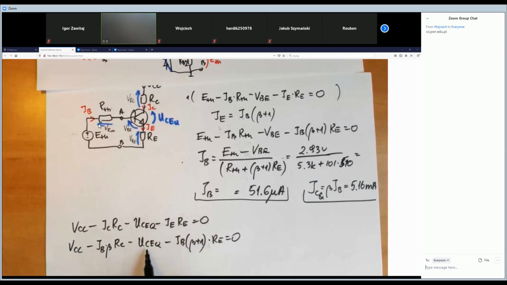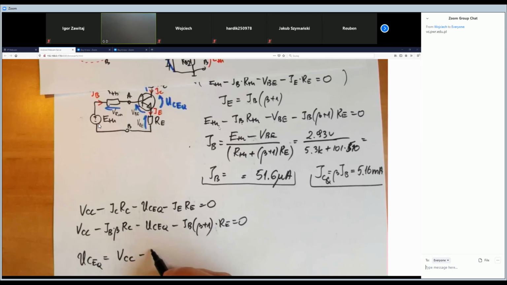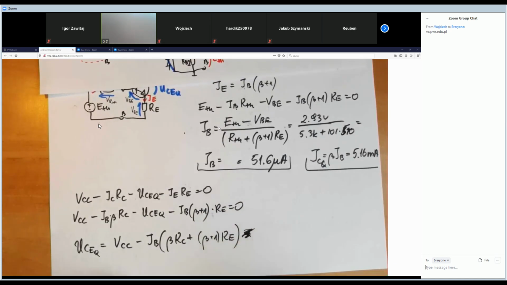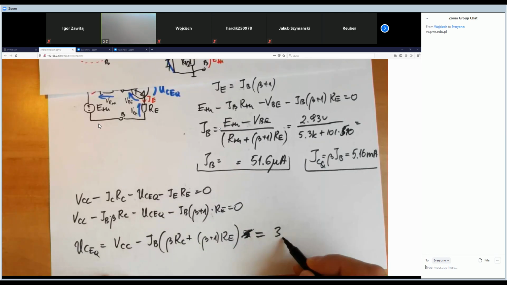Great. So UCQ is equal to, when we move it to the right side of the equation, VCC minus IB times (beta RC plus (beta plus 1) RE). That's enough. All right. And when we substitute the values, we will get 3.11 volts.